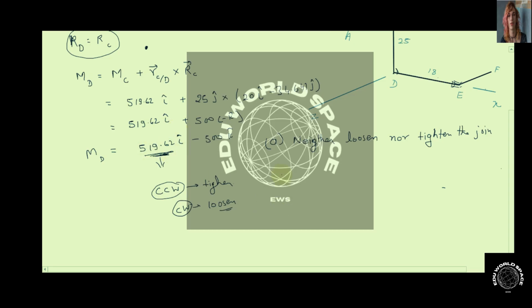This positive means that it has a counterclockwise effect. So the answer will be that pipe DE will be, and the elbow will be, tightened.